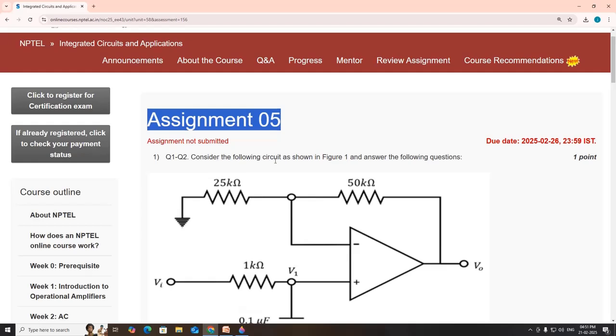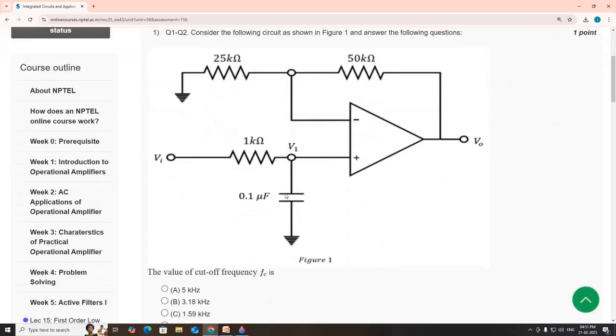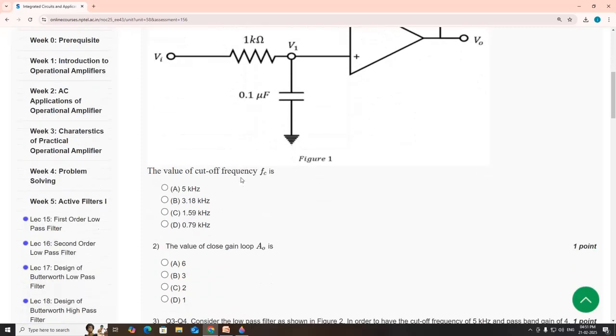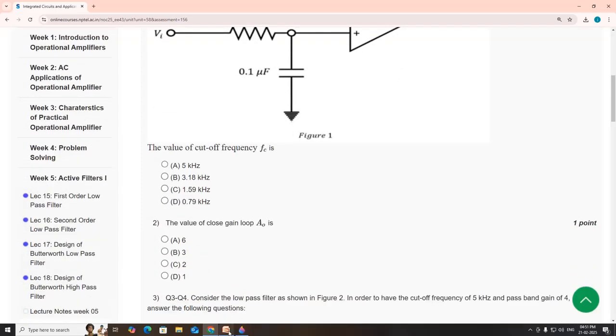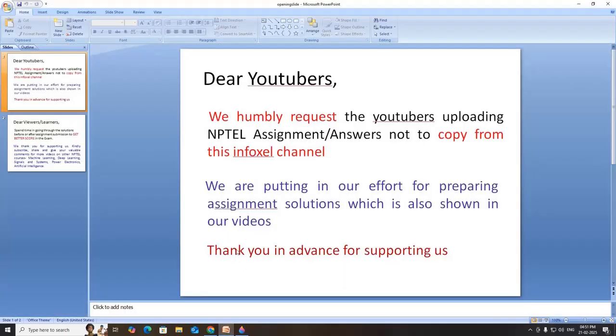First question, consider the following circuit as shown in the figure and answer the following questions. So this is a low pass filter.